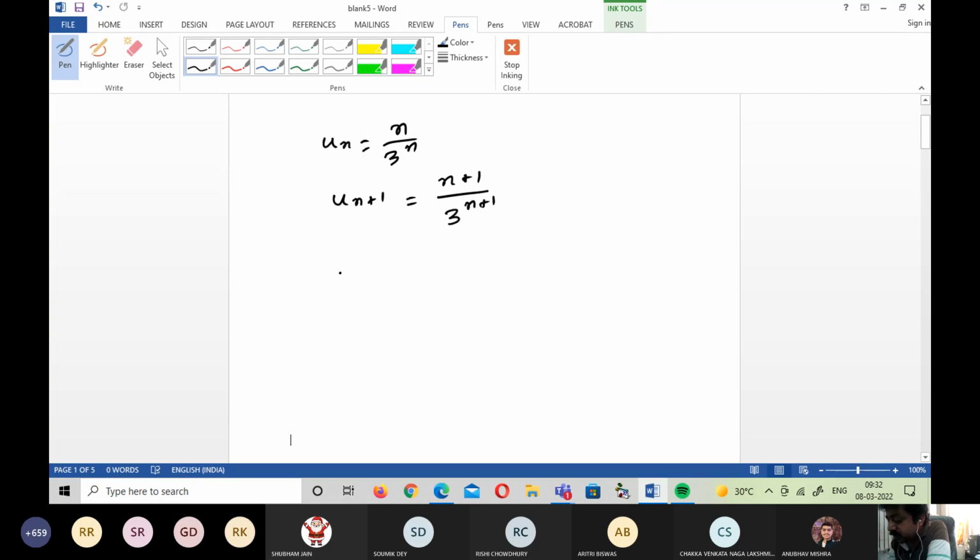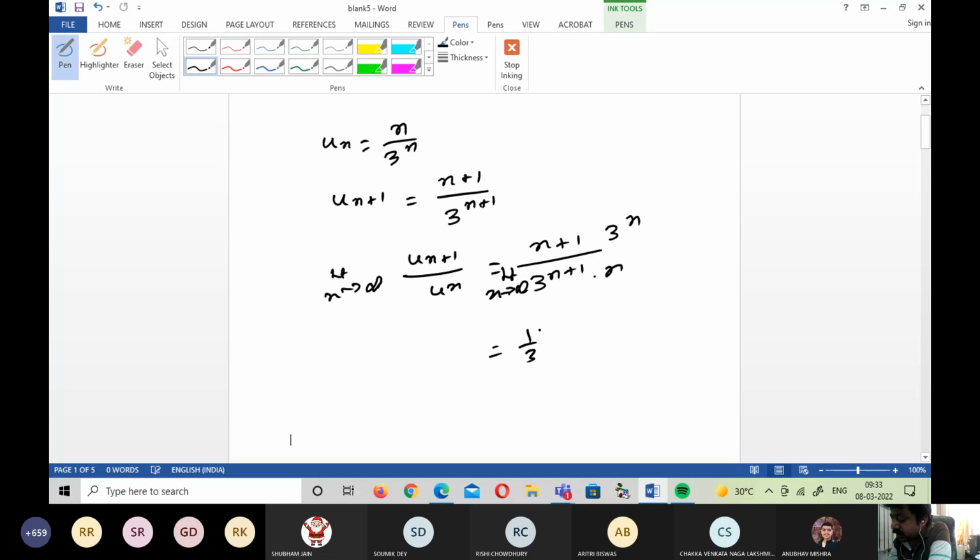Okay. So what is the value of limit n tends to infinity u(n+1) by un? That will be (n plus 1) by 3 to the power (n plus 1) into 3 to the power n by n. So the limit n tends to infinity is 1 by 3. Yes. Result is 1 by 3. So the series is convergent.